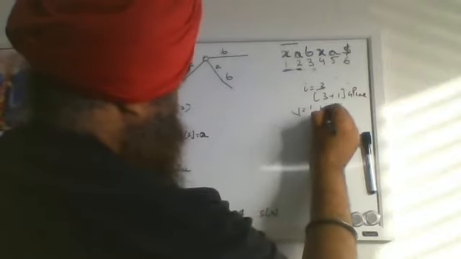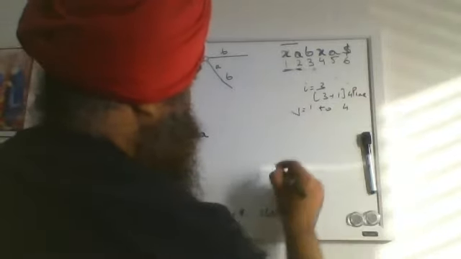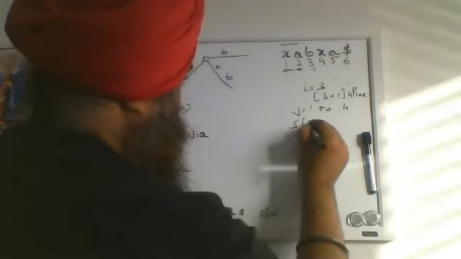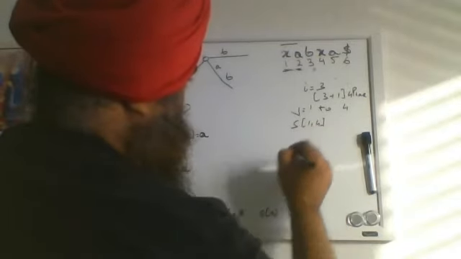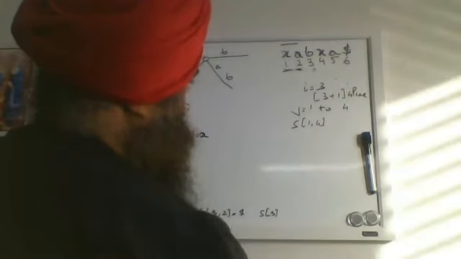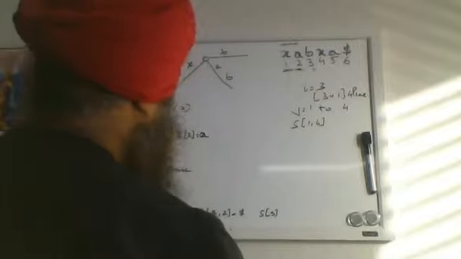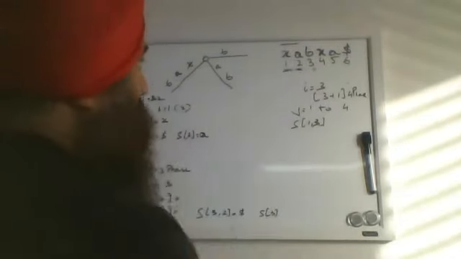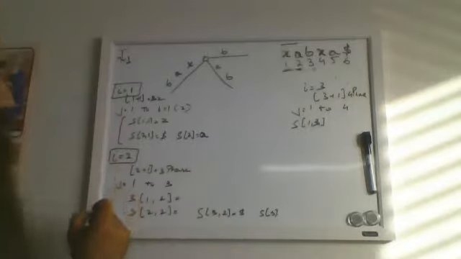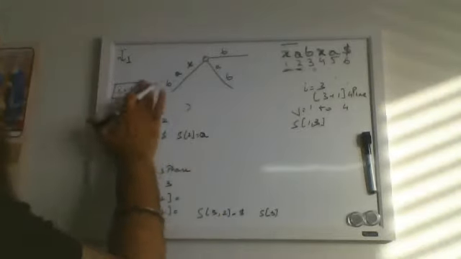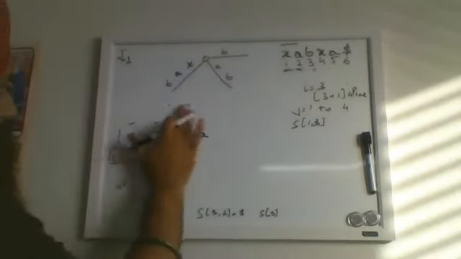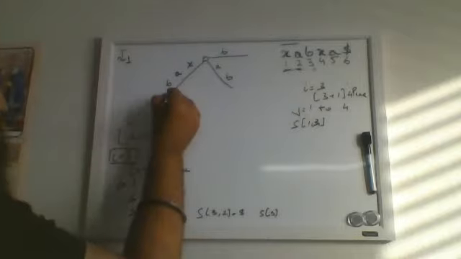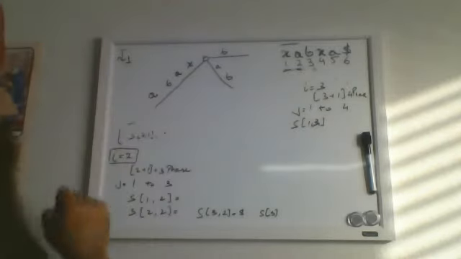j is 1 to 4. Pick up S[1..4]. Sorry, 1 to 3. So 1 to 3 is XAB. You see XAB is present. Let me delete this. So rule 1 extension applies, and you add A to it.